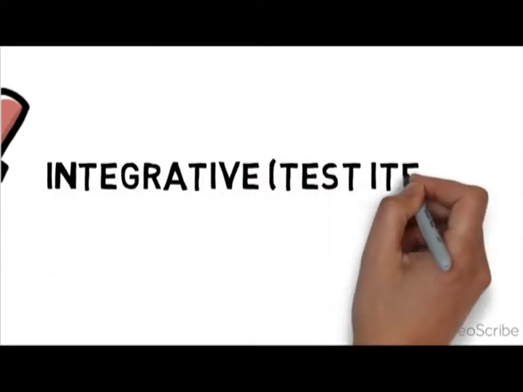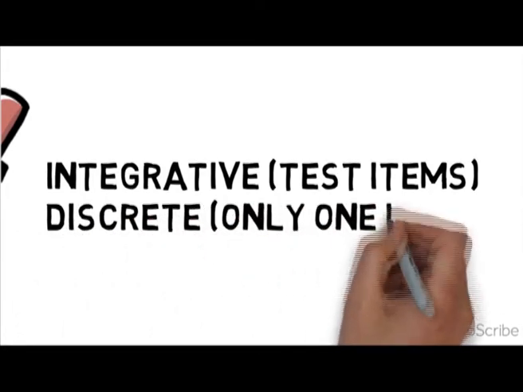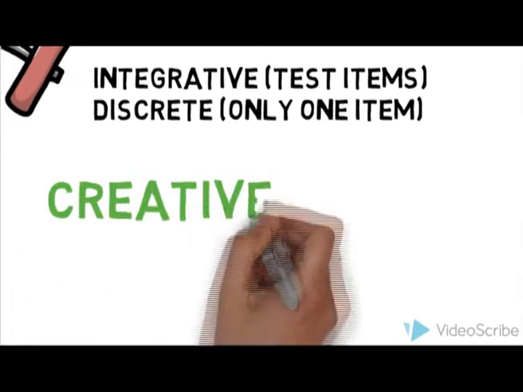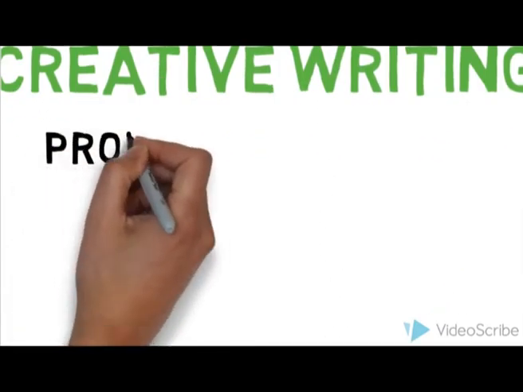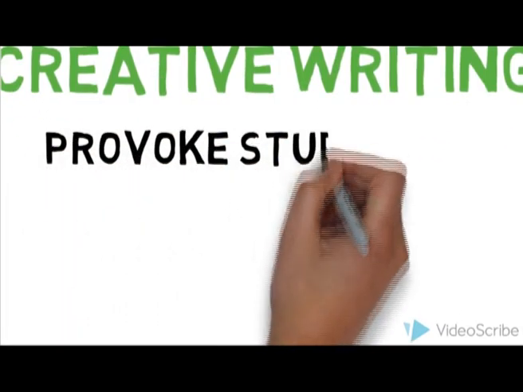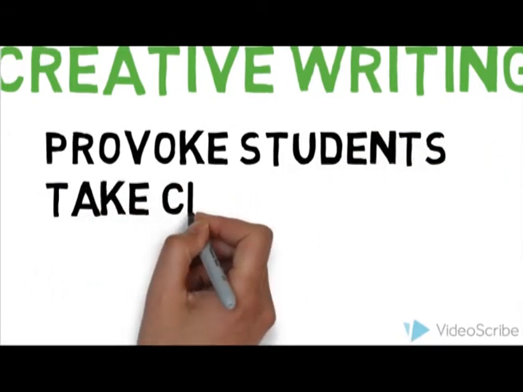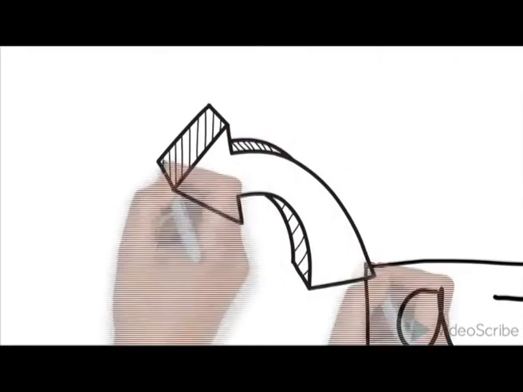For this, we have two types of test items, integrative and discrete, which only measure one skill. We also have creative writing, in which a task provokes students to go beyond, to take chances, and to express more personal thoughts. Write stories, poems, journals, or dramatic scenarios.